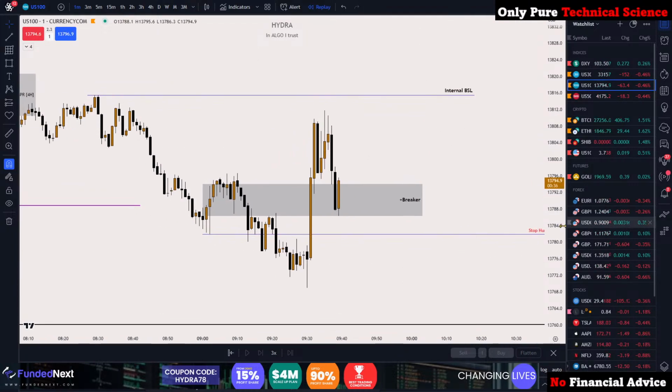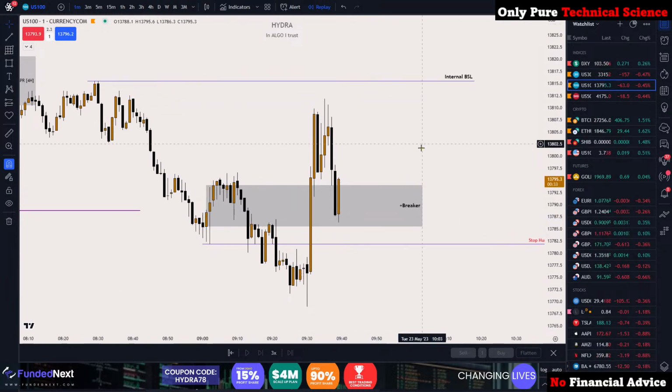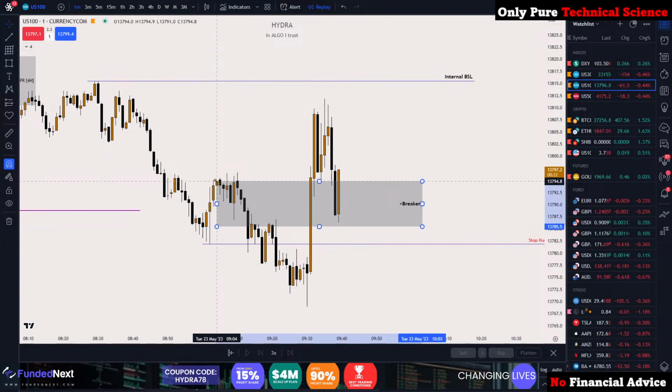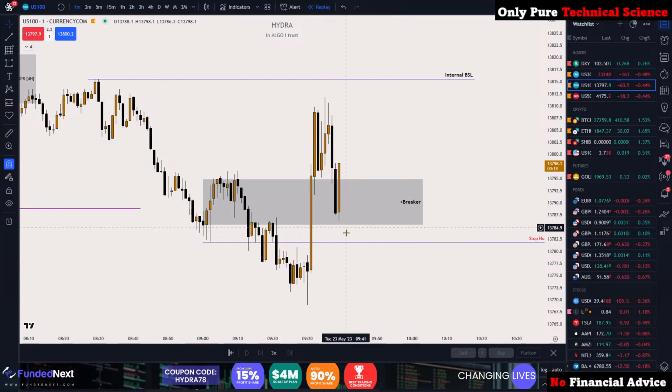And you can see that price came down, right? Suppose you put your stop loss here. Usually I'll put the stop loss above in the upper quadrant, so my stop loss would have been hit right now. But you can see the price is respecting our breaker block, but with a lot of volatility, with a lot of volume.